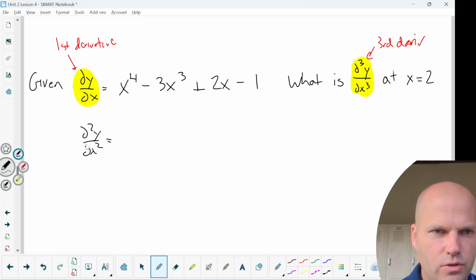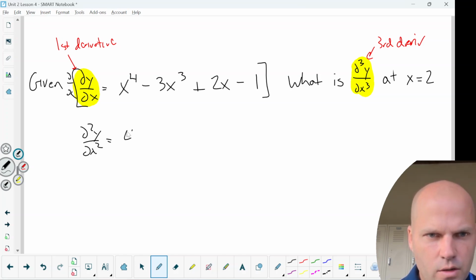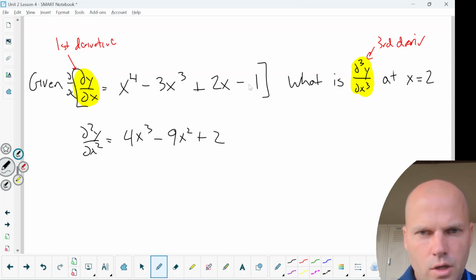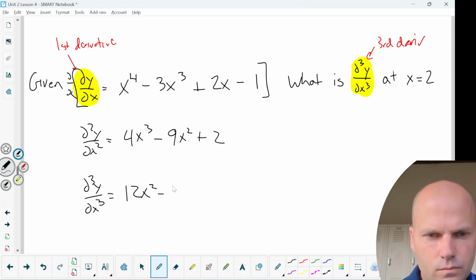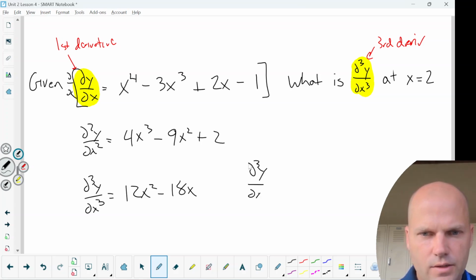And it'd be a good time to practice your notation of if you take dx, you'd get d squared y over dx squared. Use the power rule, nothing crazy here. Constants stick around unless they're by themselves. And then the third derivative is that, and the third derivative at 2 is what we're looking for.